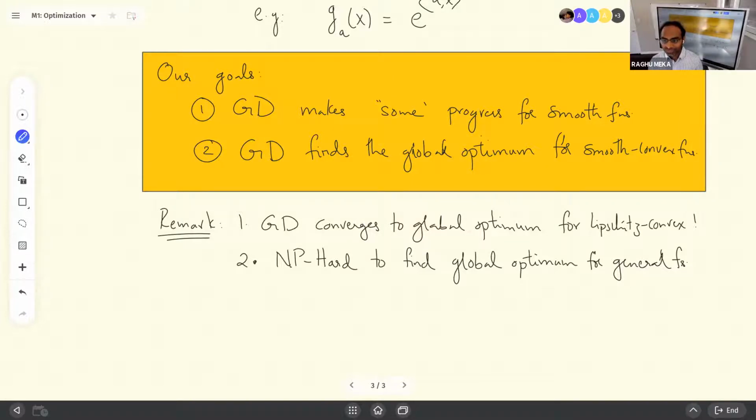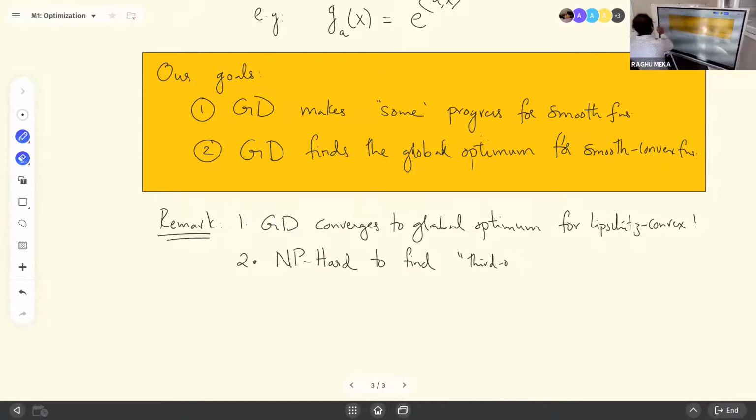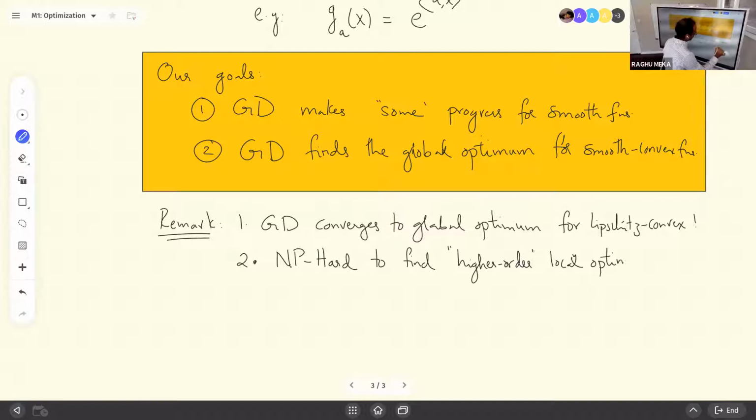In fact, the real scenario is even worse, in the sense that it's known to be hard to find what are called higher order local optima.